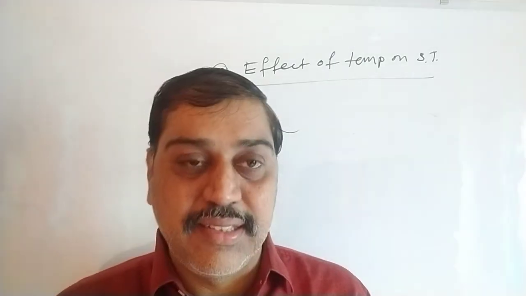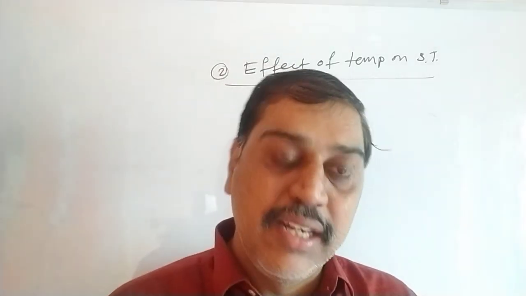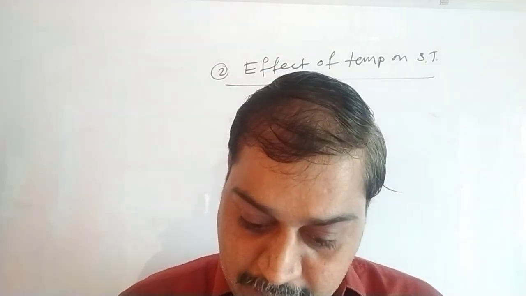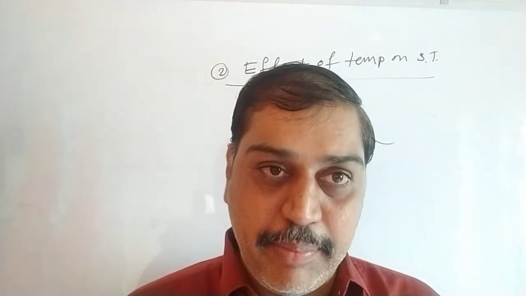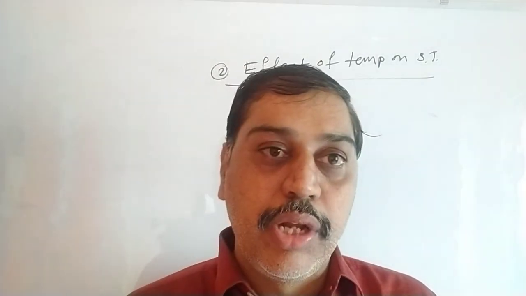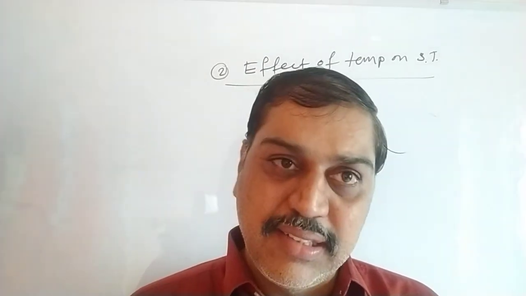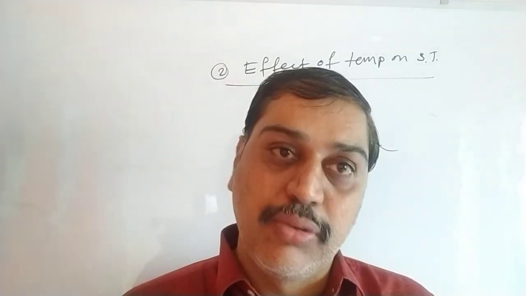In all remaining cases, as temperature increases, surface tension always decreases. So you must put this point in your mind, and you must always remember that surface tension generally decreases with increase in temperature, except molten copper and cadmium. Those are the two exceptional cases. For them, as temperature increases, surface tension also increases.